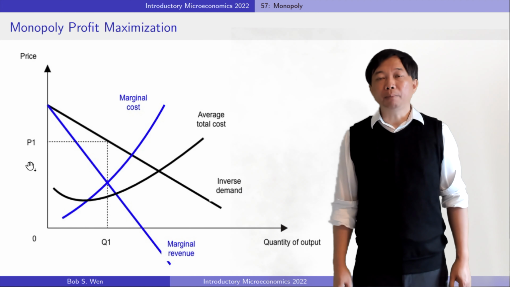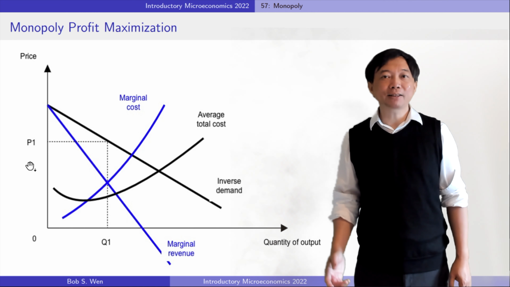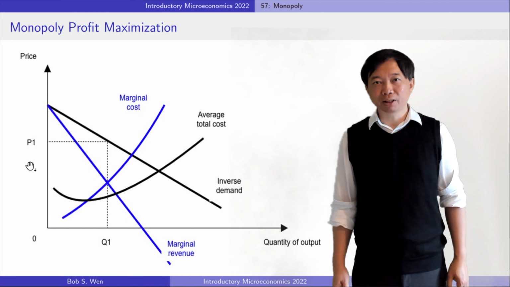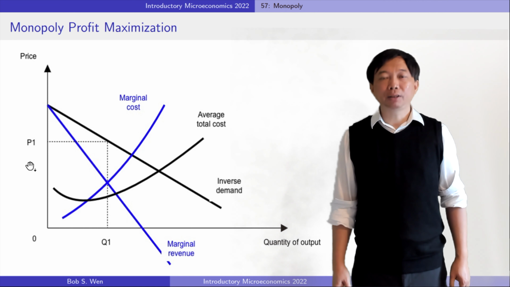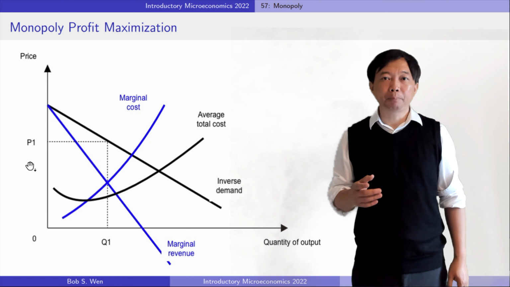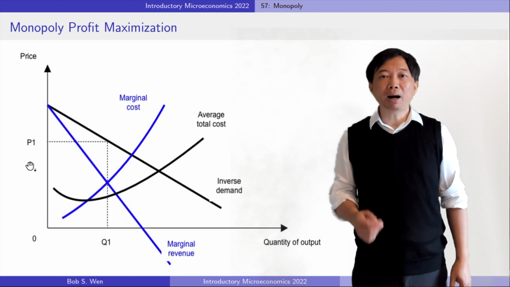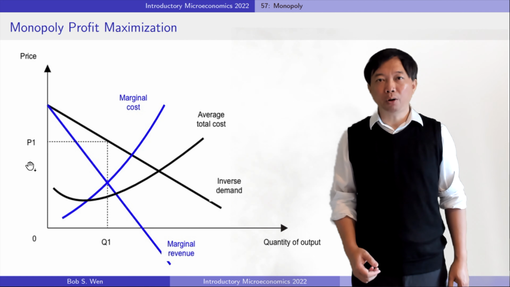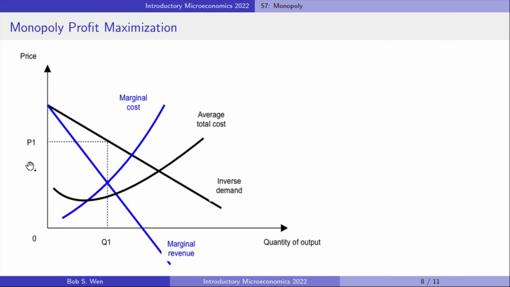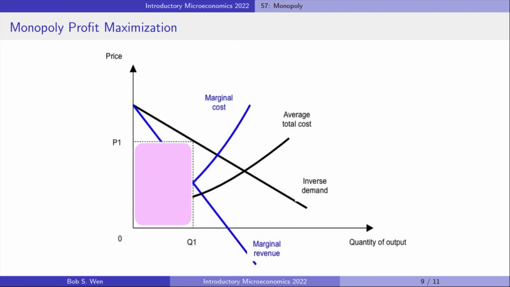Notice that the monopoly price P1 is higher than the marginal revenue and the marginal cost at Q1. This is different from the competitive case where the price is equal to marginal revenue and marginal cost at the optimal output level. The monopoly profit is equal to total revenue minus total cost.